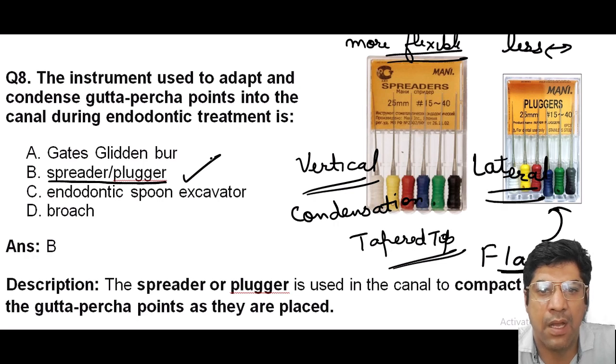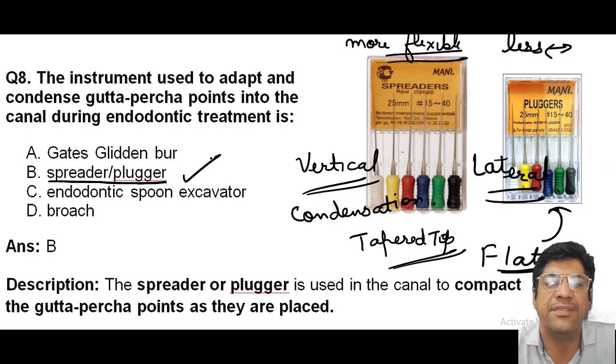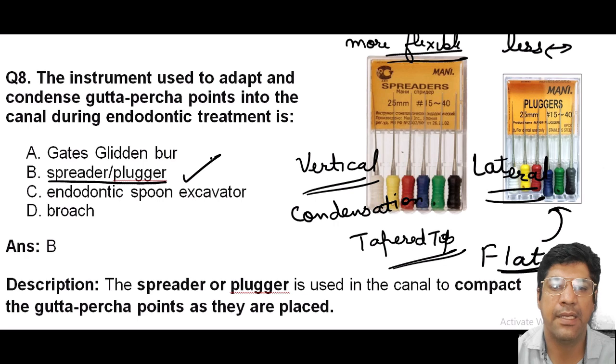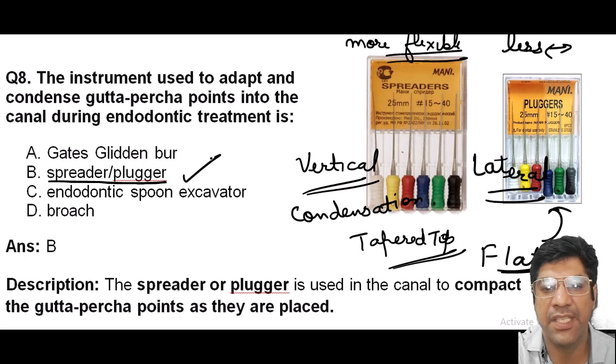Following the lateral compaction, I would use the plugger end to vertically compact the gutta percha and condense it further. So my goal is to create a well sealed and hermetic seal within the root canal, preventing any infection or microbial ingress.